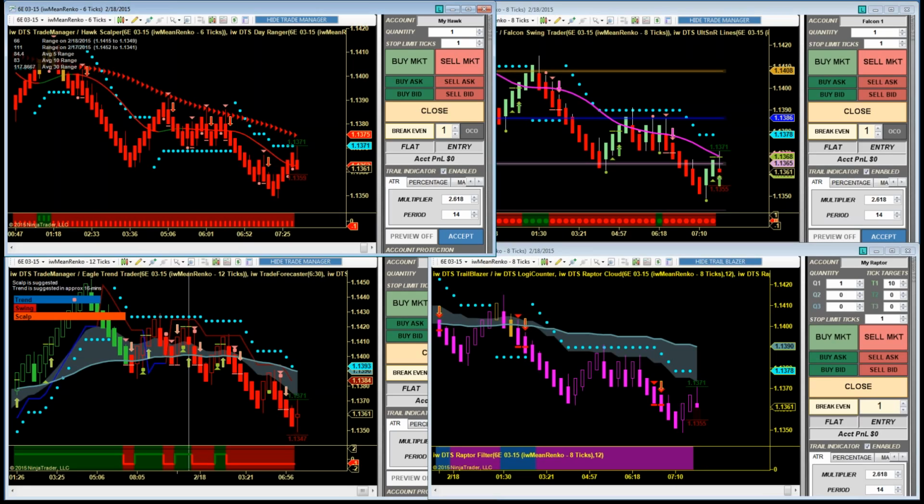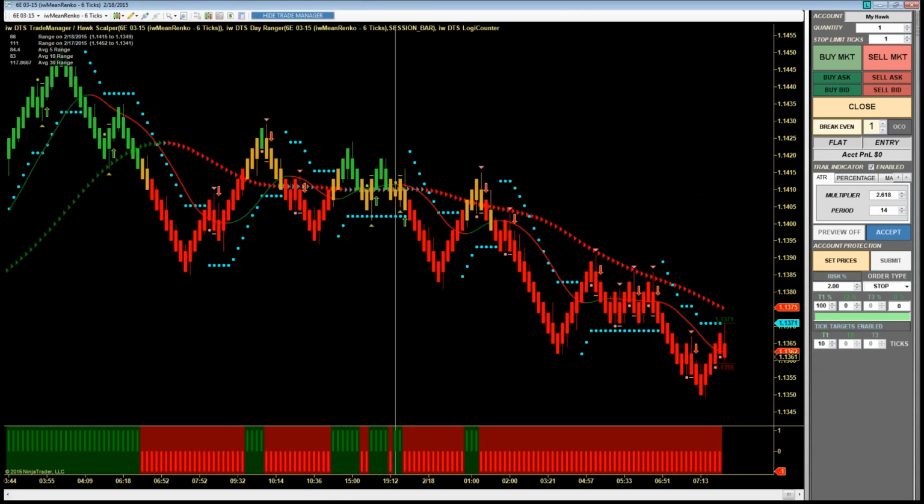Bryce is asking, do we ever plan on creating these systems like the Raptor for Thinkorswim? We've thought about it. The problem is that this is actually some pretty sophisticated software. And right now, NinjaTrader is the only platform that's robust enough for the software to run on.